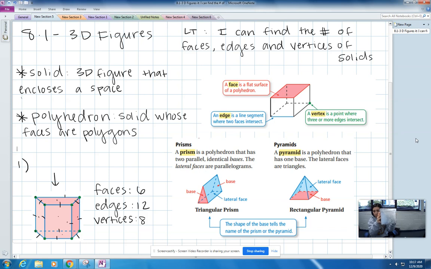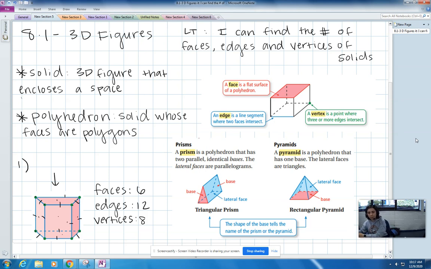All of those sides that connect the bases are called lateral faces. And in a prism, all of those lateral faces are going to be some kind of parallelogram. In other words, a rectangle would be an example of a parallelogram.